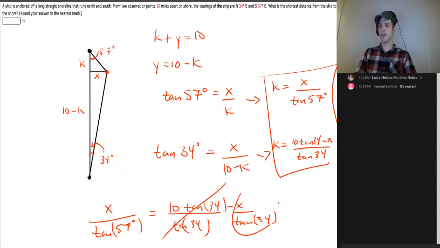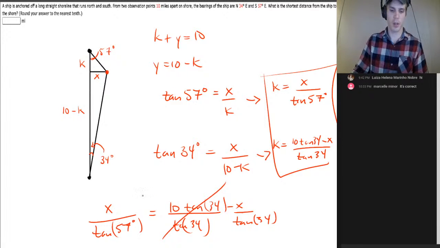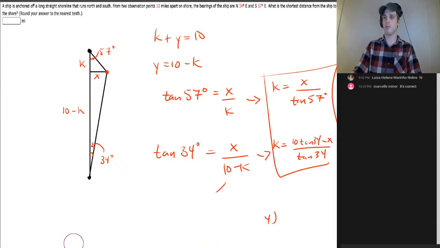So I'm going to add this to both sides. And I get X equals 10 times... no, I should not be so silly about this. Just do it.